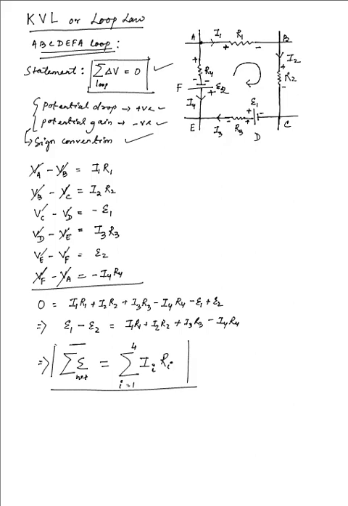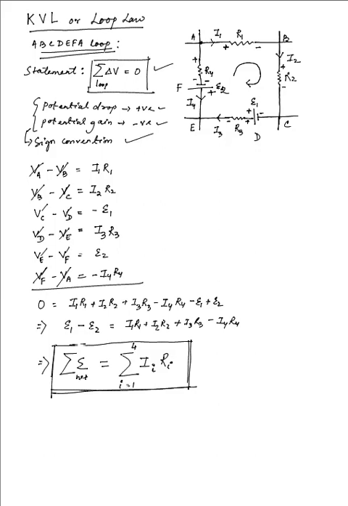The sign convention that we have taken is that the potential drop is to be taken as positive, while the potential gain has to be taken negative. Now there's an advantage to that. However, we can take it the other way around.